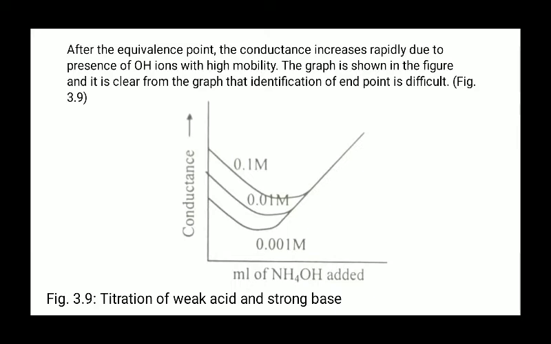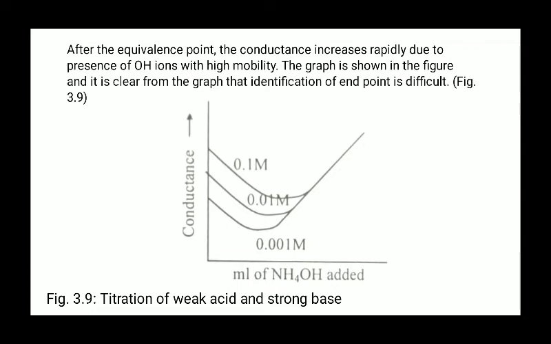Initially, the conductance of the solution is low. Formation of sodium acetate during neutralization suppresses the dissociation of the weak acid by the common ion effect, which lowers the conductance of the solution. The rise in concentration of the sodium acetate tends to increase the conductance.